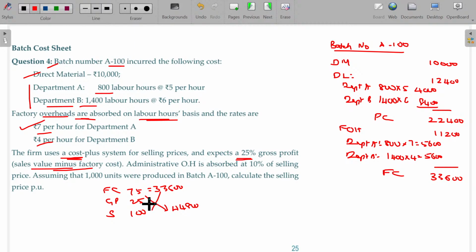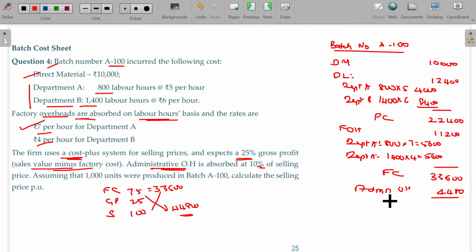From the gross profit, you have to debit all the administration and selling and distribution expenses, usually debited to the P&L account, where the administration overhead is 10% of the selling price. Selling price being 44,800, 10% of that is 4,480.